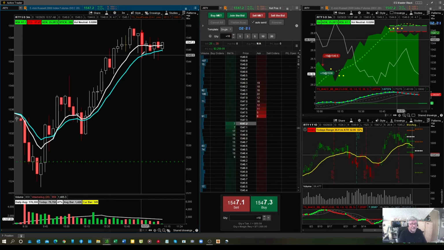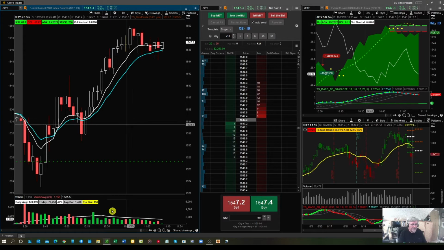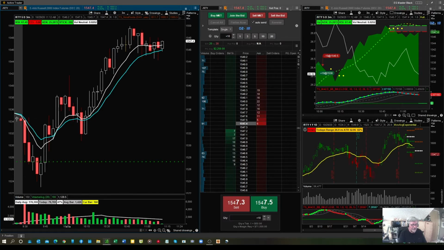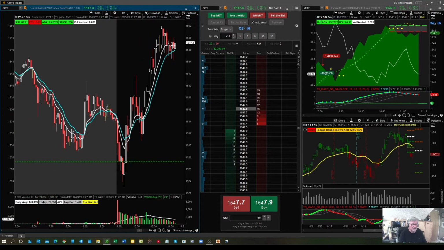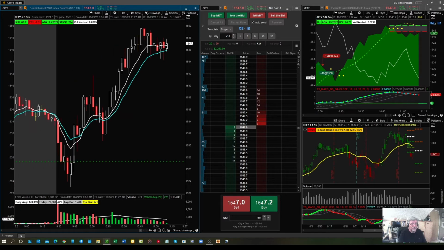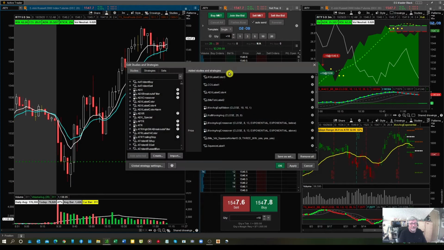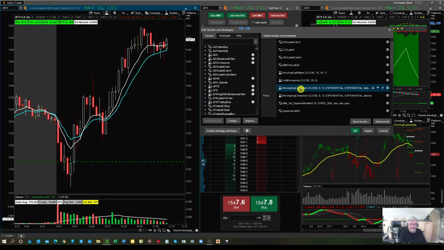And I do have an indicator that shows me when there's a crossover of these two lines, and I'll show you what those are in just a second. Here we have the moving average crossover below and the moving average crossover above.